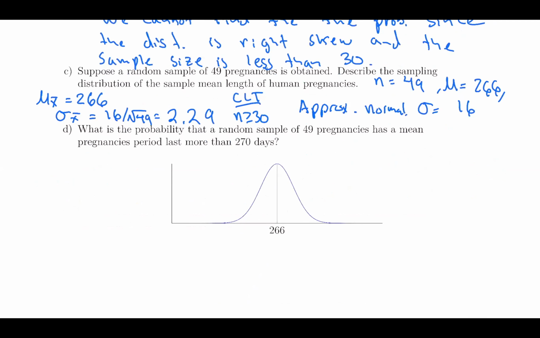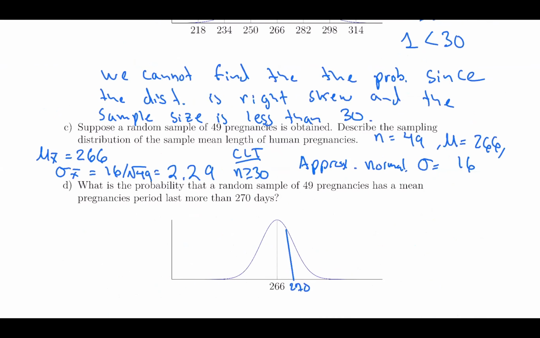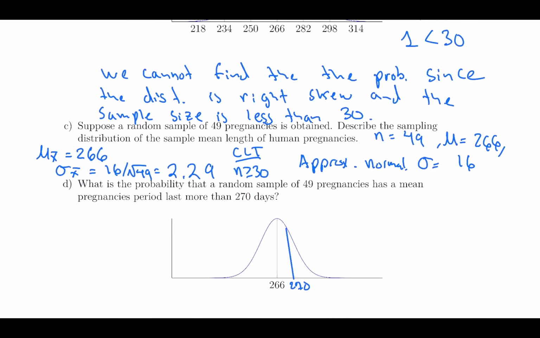For D, it says, what is the probability that a random sample of 49 pregnancies has a mean pregnancy period that lasts more than 270 days? So here you go, 270 days. Is it possible to find this probability or is it not possible, like for part B? Yes, it is possible because our sample size is bigger than 1, because our sample size is actually 49.